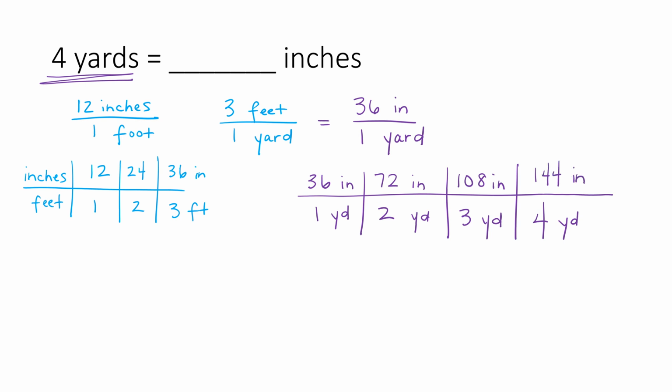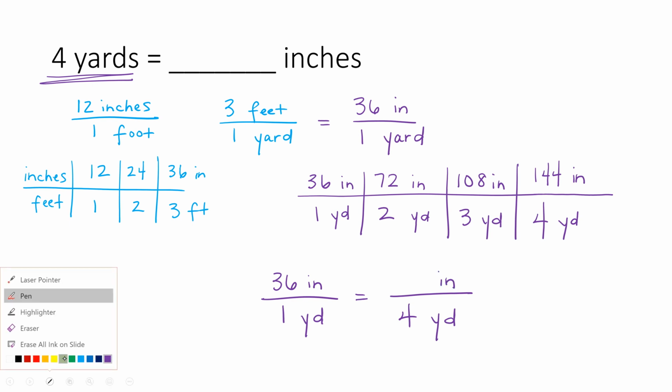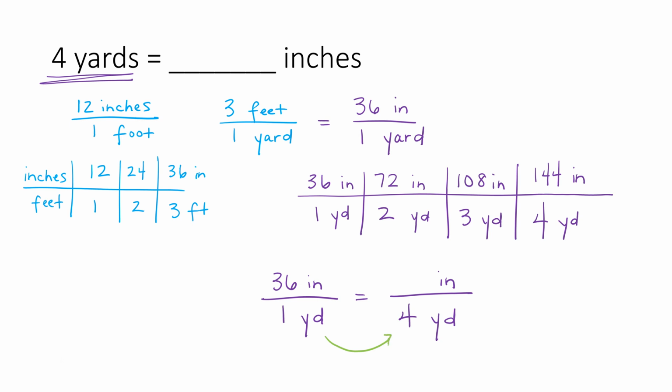And let's double check using the other method. The other method would be to say that if there's 36 inches in 1 yard, well, how many inches are in 4 yards? Since we have to multiply by 4 to get to 4 yards, we'll multiply 36 by 4 as well. 4 times 6 is 24.